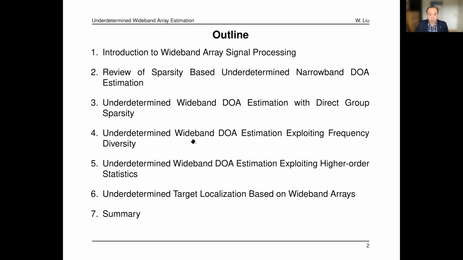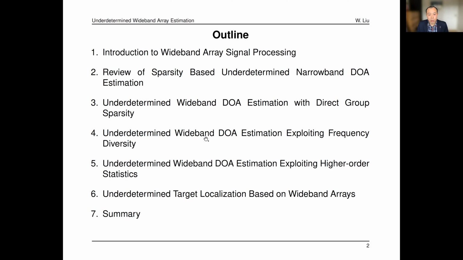So for underdetermined DOA estimation, normally we assume we will use a sparse array, but actually for the wideband case, a sparse array is not really necessary for underdetermined DOA estimation. So you can still use a traditional uniform linear array to do underdetermined wideband DOA estimation.